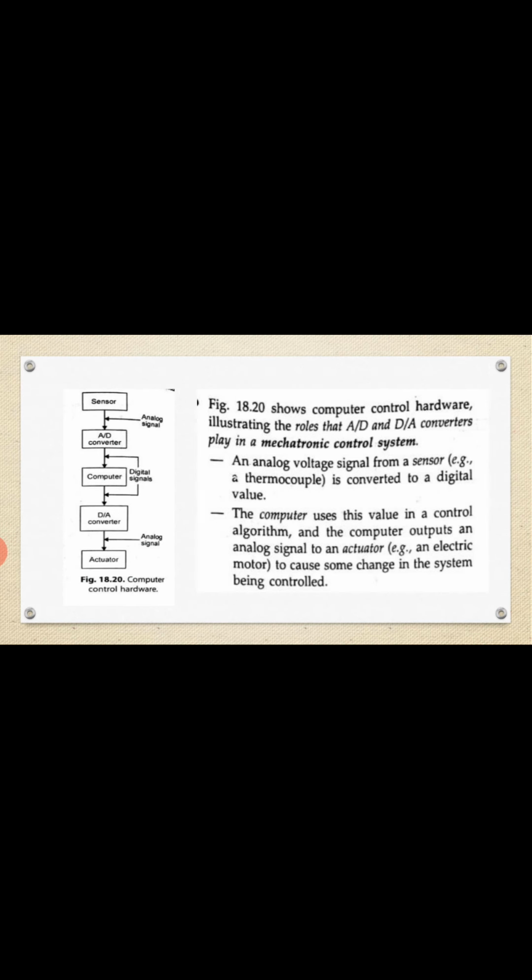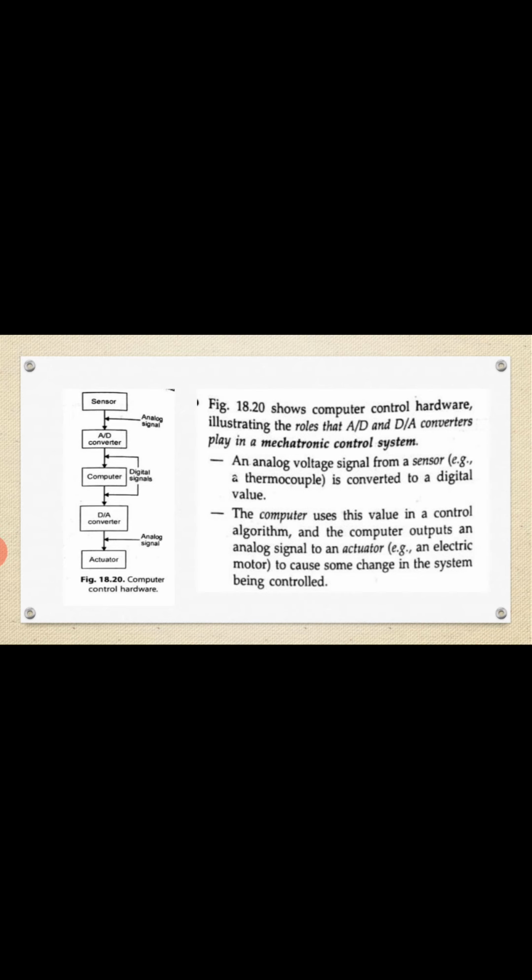So this is the last block diagram, showing how the ADC and DAC are used. The figure shows computer control hardware illustrating the role that analog to digital converters and digital to analog converters play in a mechatronic control system.